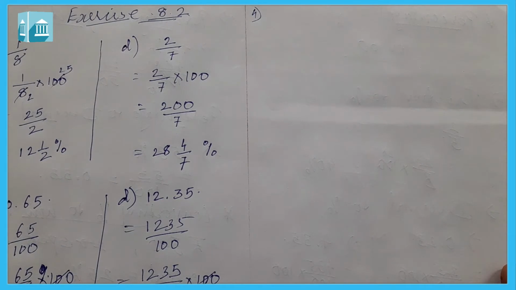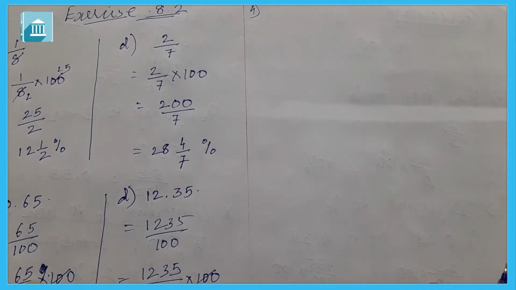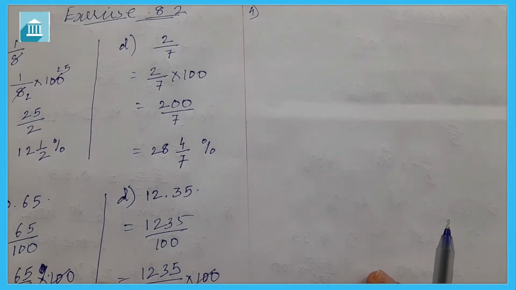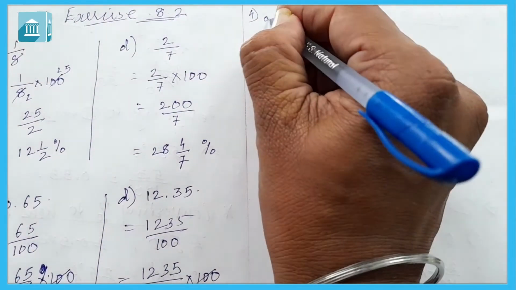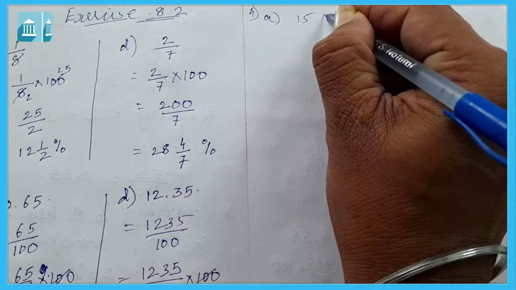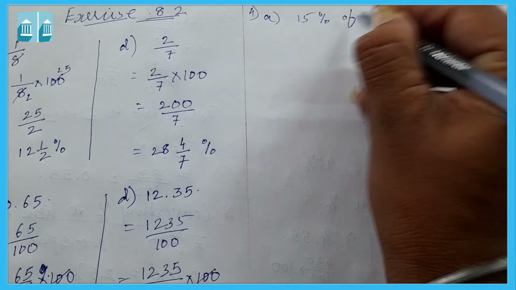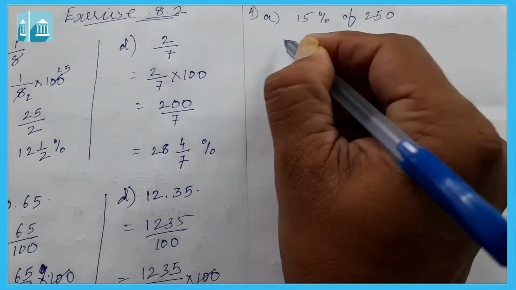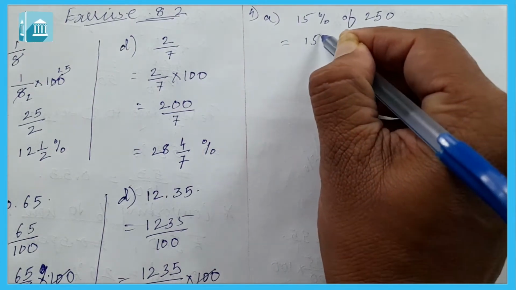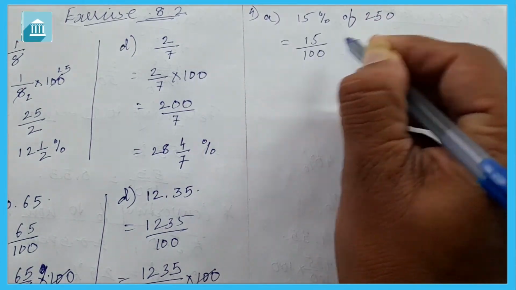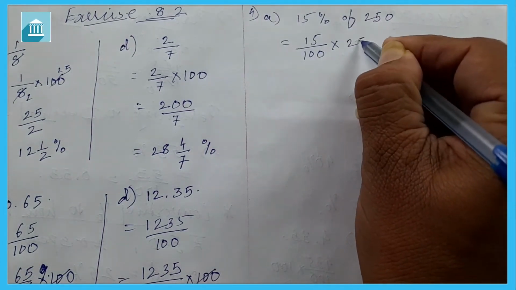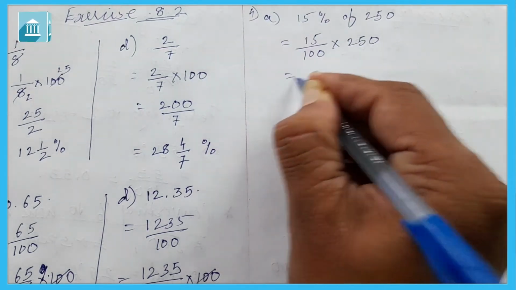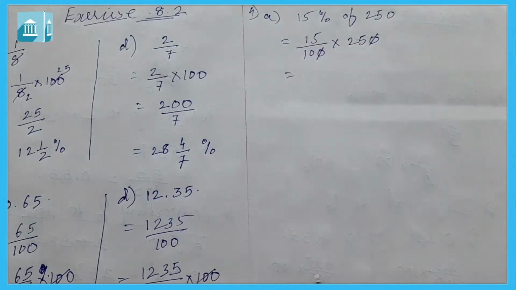In question number 4, it is given find 15% of 250. So this we have already done. 15% means 15 upon 100 of 250. So this will be this and this will cut.